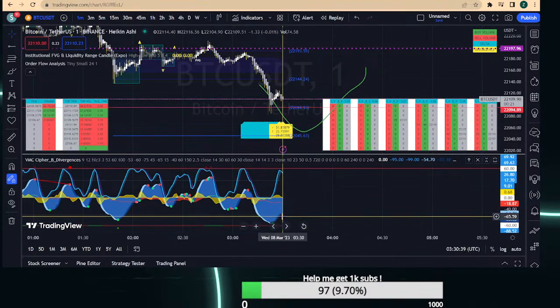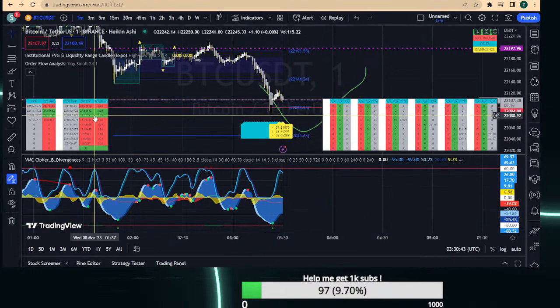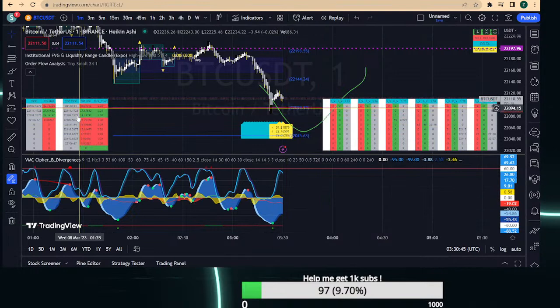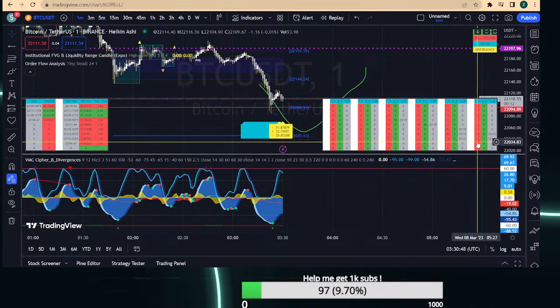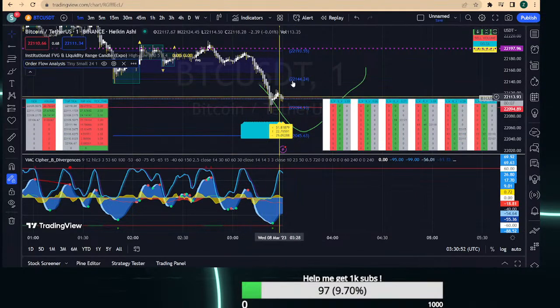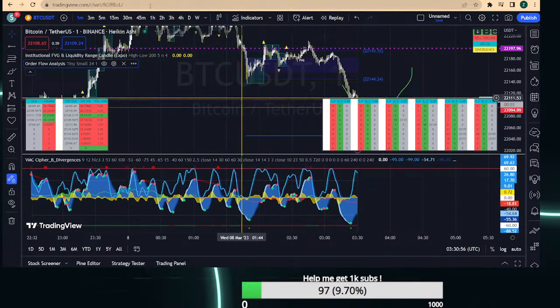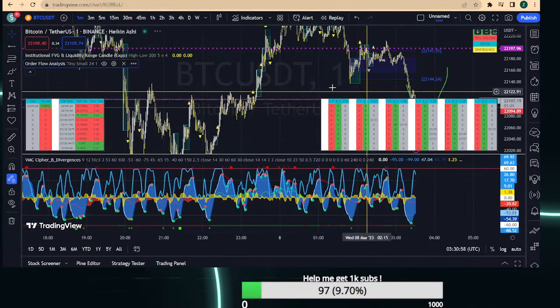So it looks like it wants to pinch here, but it could just be a fake out. It'd be interesting just to watch the buying and selling volume come in to see if there is enough buying volume to make it bounce here and come back up, creating, I believe, a higher low in the market.